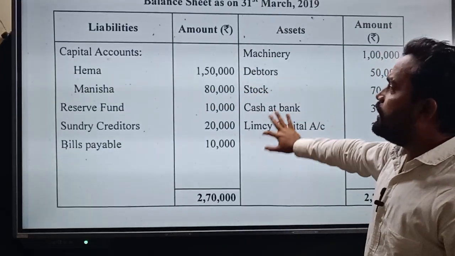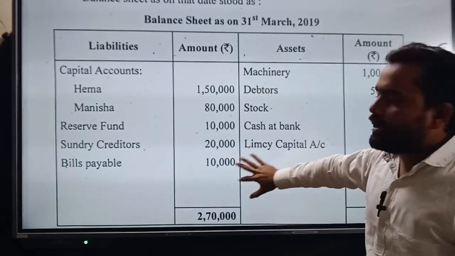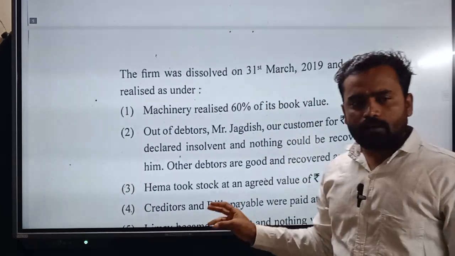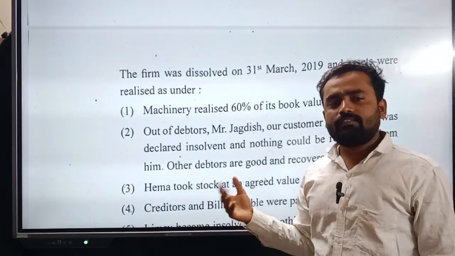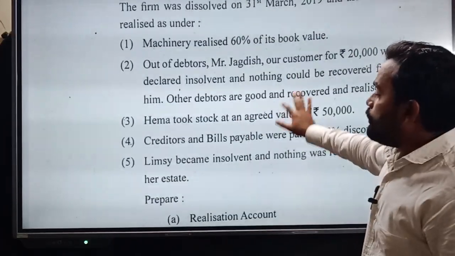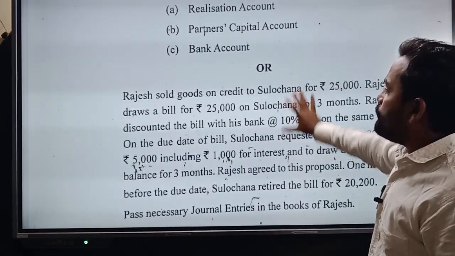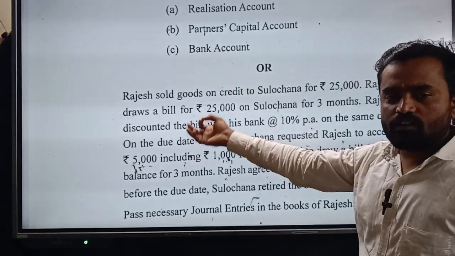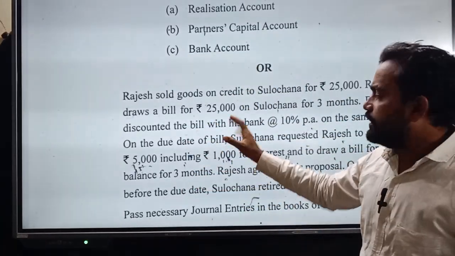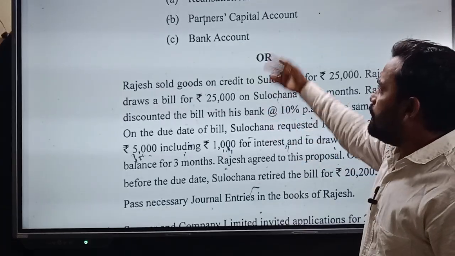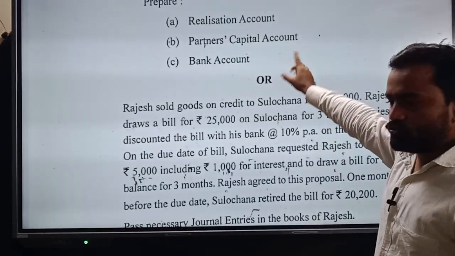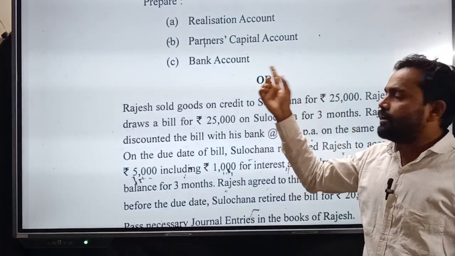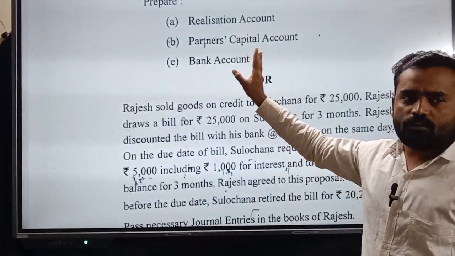In this question they have given a balance sheet and some adjustments, so we prepare the realization account, partners capital account and balance sheet also. The optional question for question number 3 is bill of exchange. The journal entries of bill of exchange are harder than the dissolution question. So you prepare the question number 3 dissolution question.